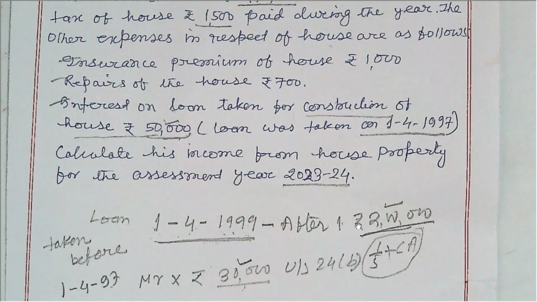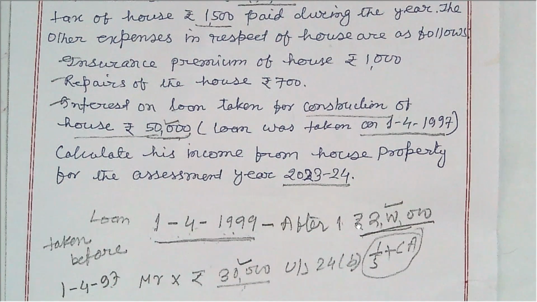So maximum amount is 2 lakh rupees. Okay, this provision is applicable in case of house property self-occupied. This restriction is not applicable if the house is let out. Any amount of interest is eligible for deduction if the house property is let out. But this restricted provision is applicable in case of house property which is self-occupied.